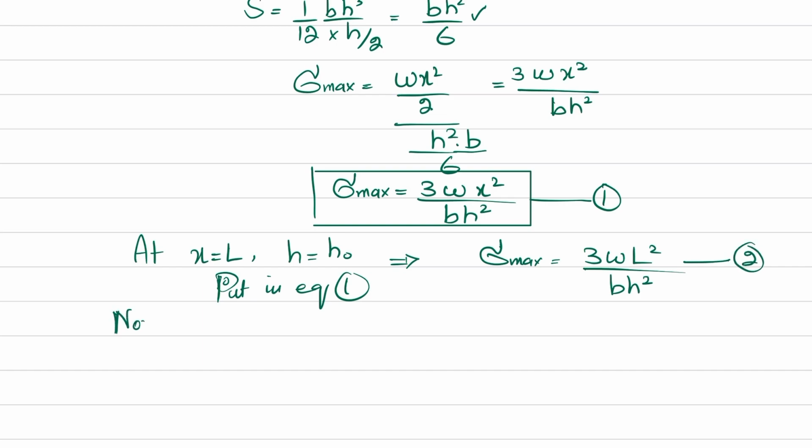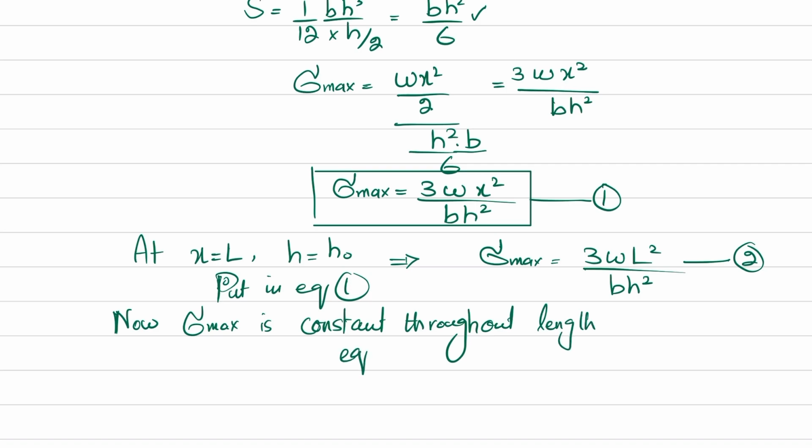Now the maximum stress is constant throughout the length. So equation number 1 is equal to equation number 2: 3wx square over bh square is equal to 3wL square over b h naught square.